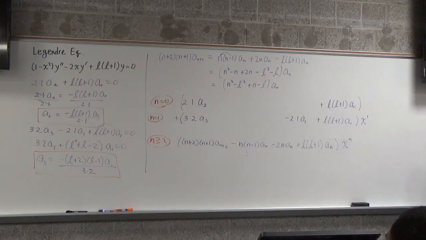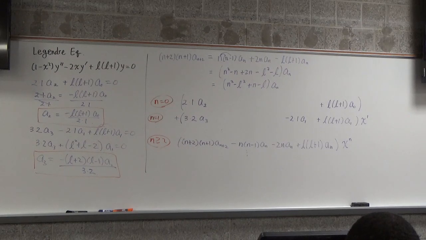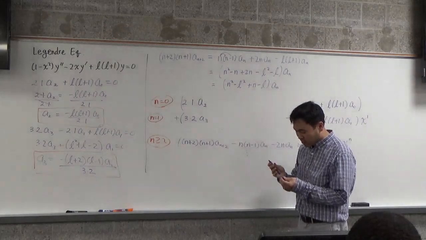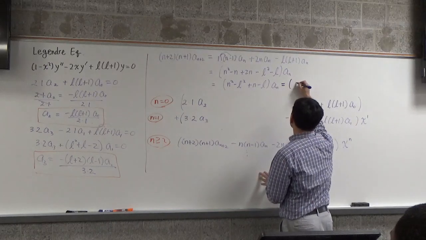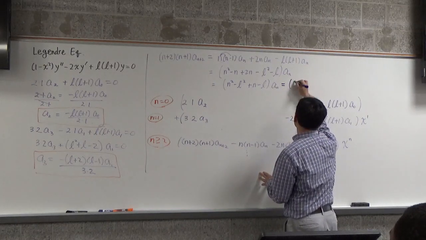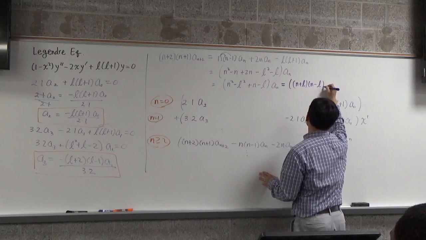And if you look at it closely, you'll see that you can even factor more, because how do you factor a difference of two squares? n minus l, n plus l. n plus l, n minus l, right?